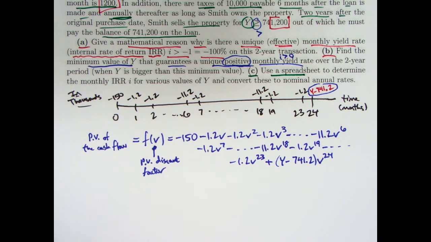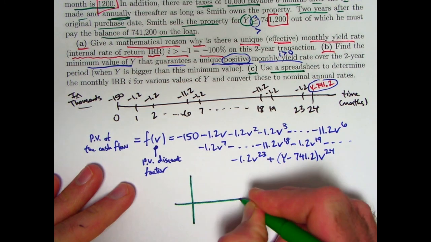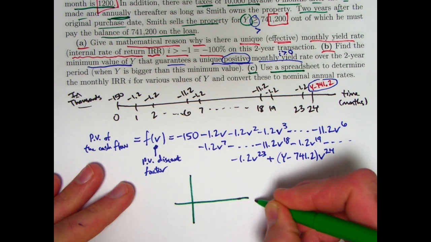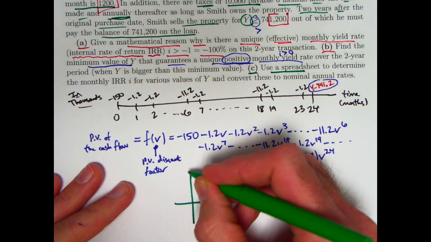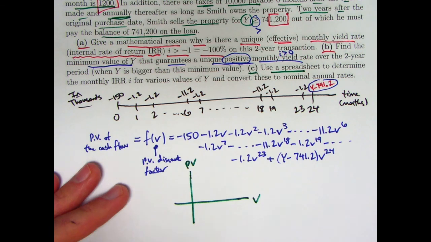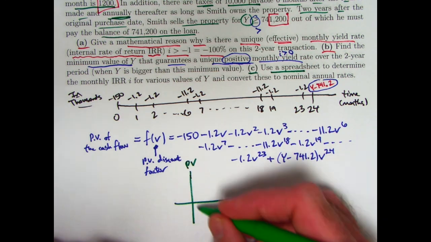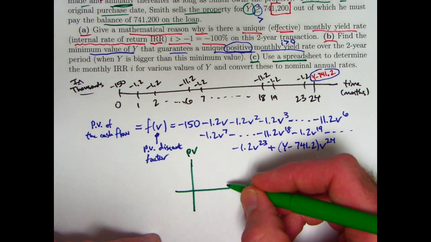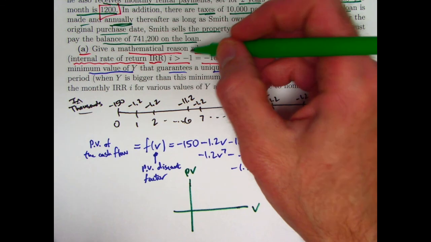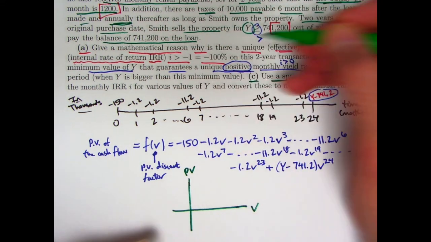If I graphed it in a plane, labeling the horizontal axis with V, this is a function of V, and the vertical axis with PV for present value, and it had one unique spot where it crossed the positive V axis, that is going to correspond to there being one unique value of I bigger than negative 1. Why?